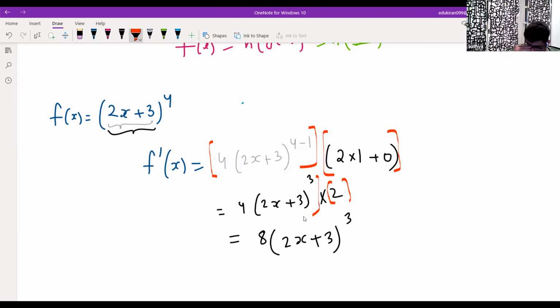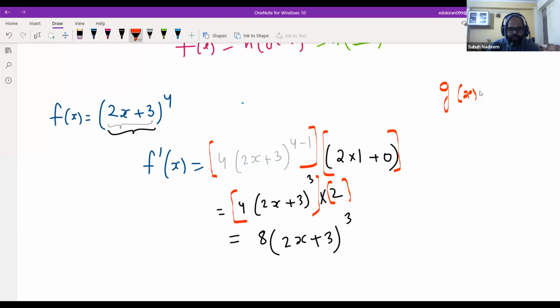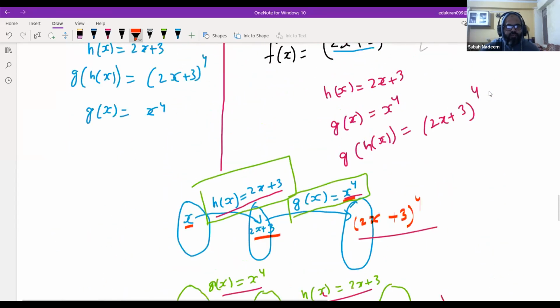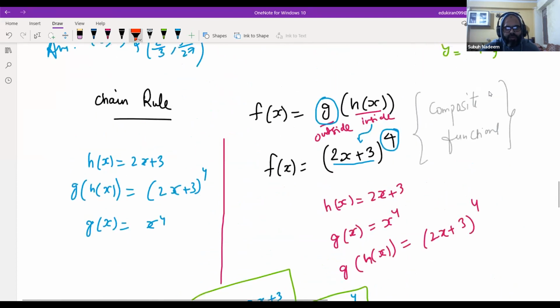If you talk about the outer function as g, let me see what the outer function was in that example.